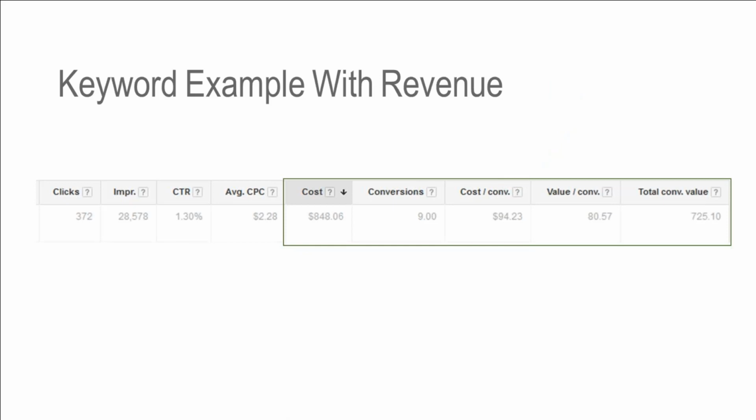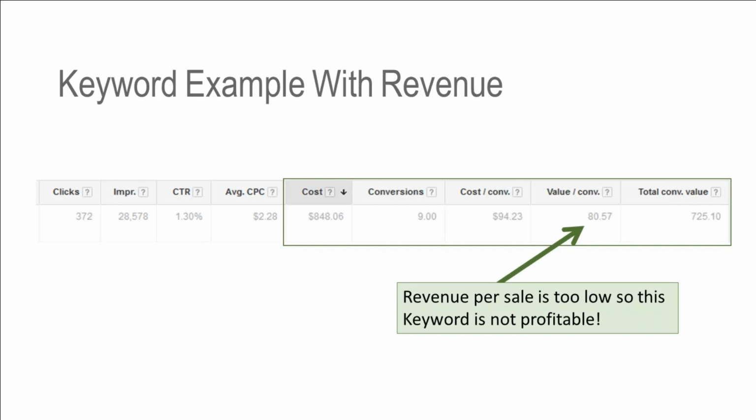But once we layered on the actual value data, you can see here this keyword is actually losing money. That's just because the quote requests that keyword is driving, for whatever reason, are not leading to high order values. So you can see revenue per sale is too low, so that keyword's not profitable.